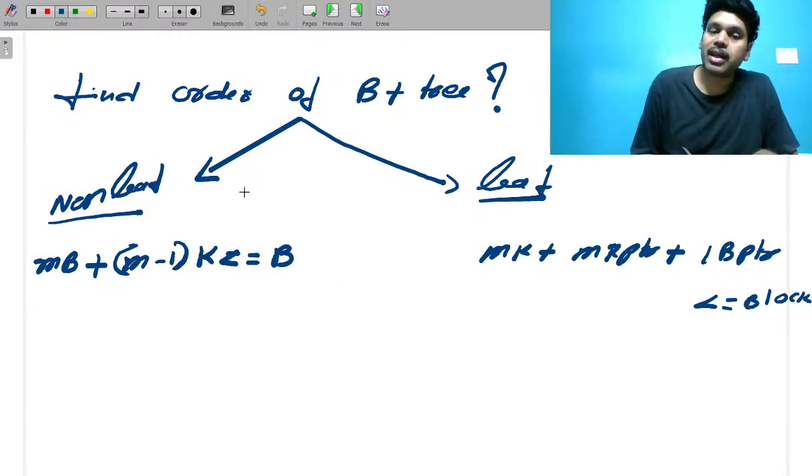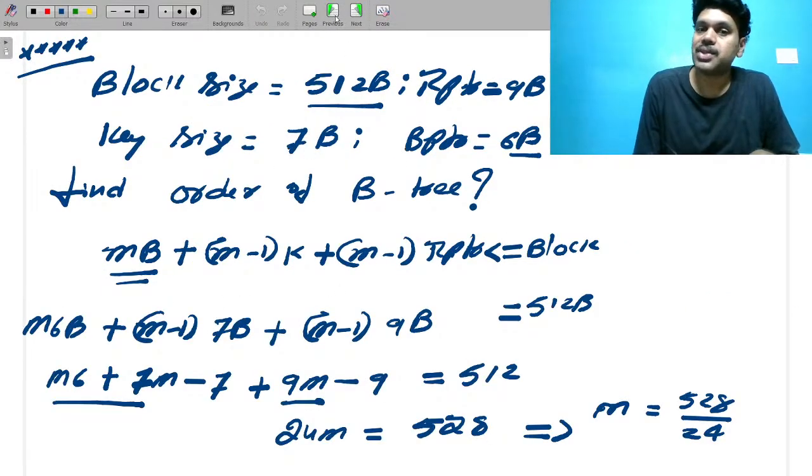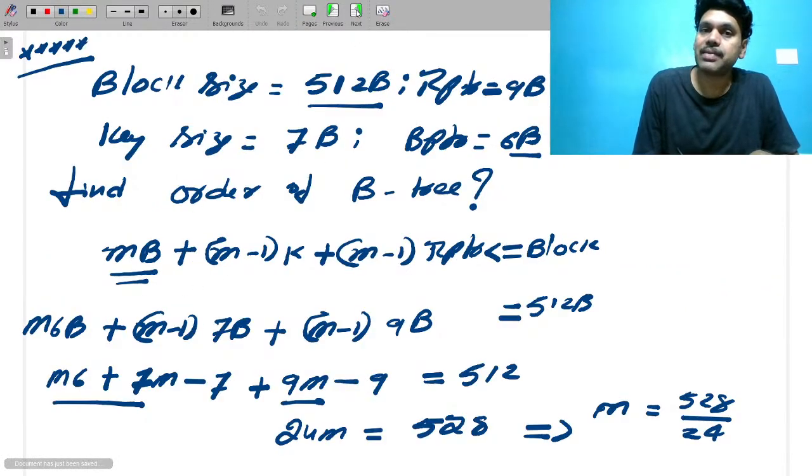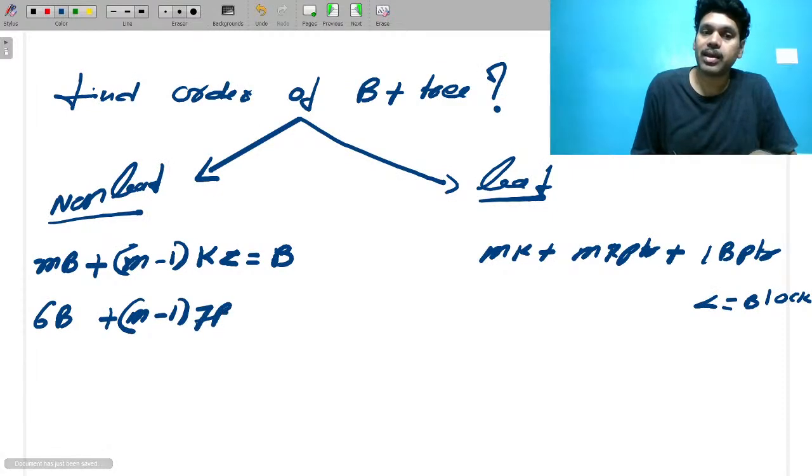So let us say block pointer size is given as 6 bytes, key size is given as 7 bytes, and block size is given as 512.